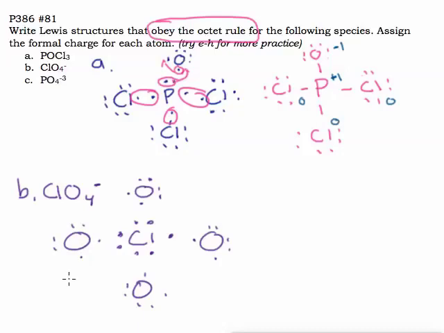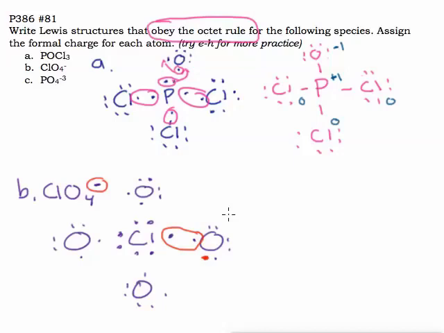So one bond is easy, and we have this. So that means we've got an extra electron. I'm just going to draw it there. So that oxygen is happy. The oxygen so far is obeying the octet rule, so that one's good.